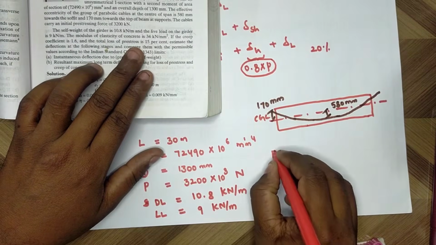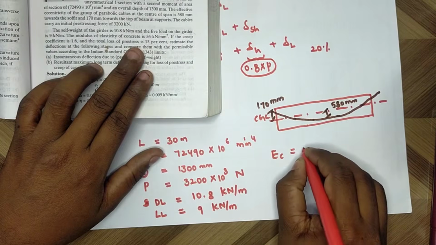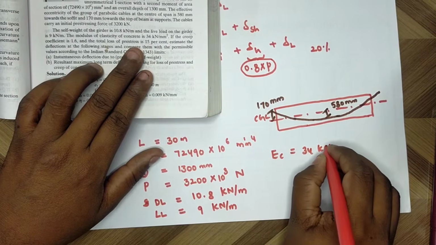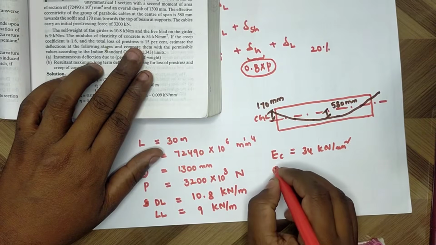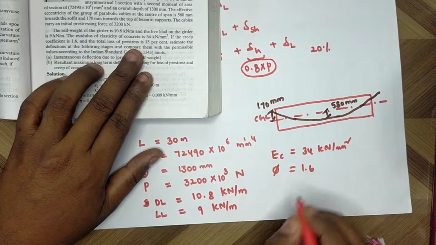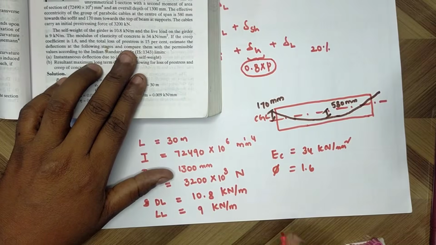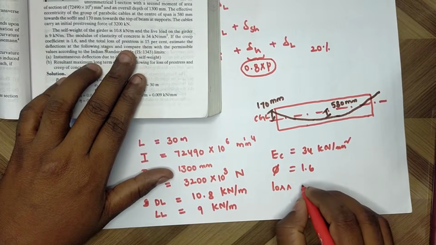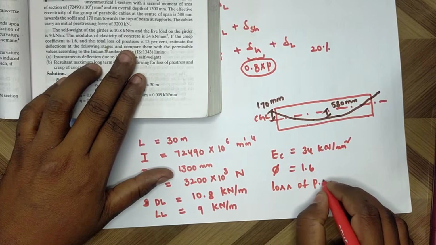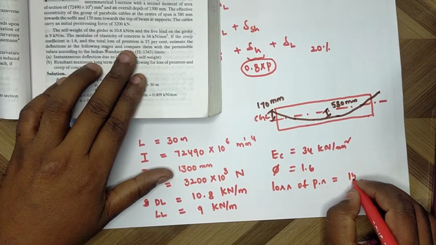Modulus of elasticity of concrete is given as 34 kilonewton per mm square. Creep coefficient is 1.6. Total loss of prestress is given: loss of prestress is equal to 15%.